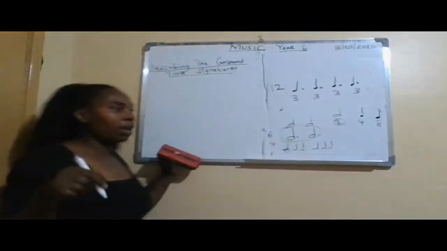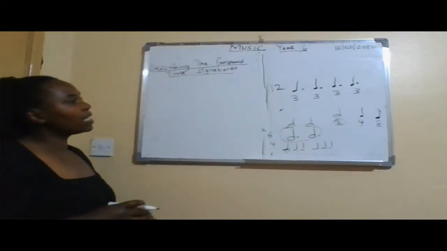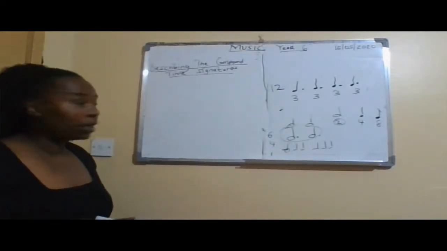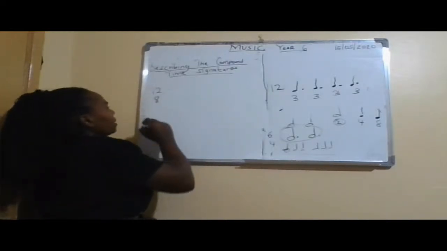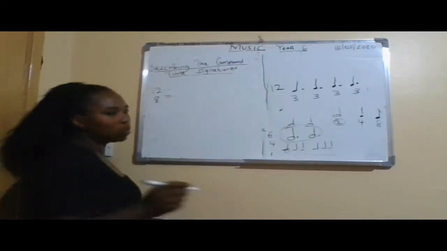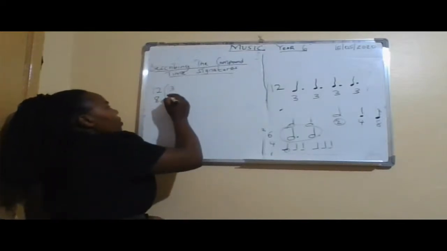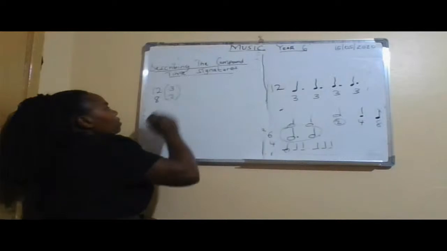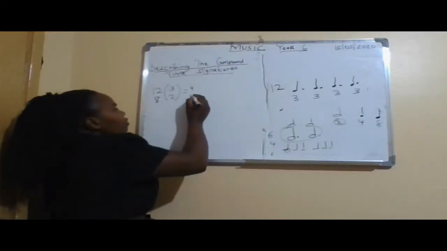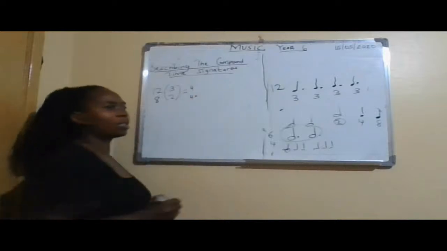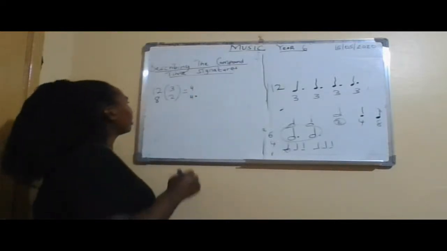So when you see the top number as 12, then you should immediately know that time is in quadruple time. So for example, if I take 12, 8, for me to describe in words, first of all, I must divide the top number by 3 and the bottom number by 2, so that here I have my 4 and here I have 4, and don't forget the dot to remind you that this is a dotted note.